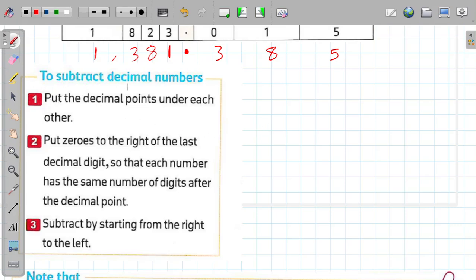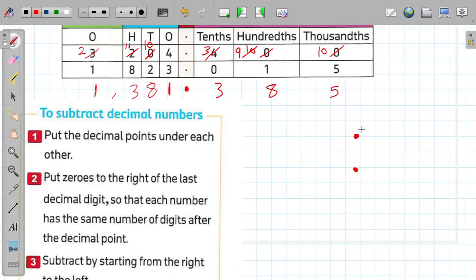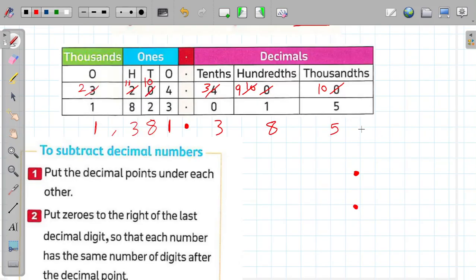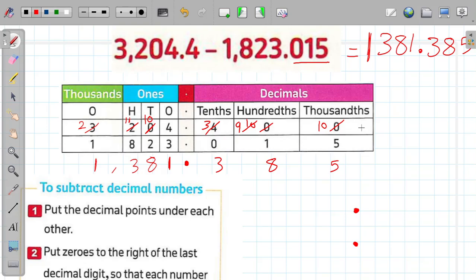So if I want to subtract decimal numbers with the vertical method, first I will put the decimal point under each other. So I have here the first number, I will have the decimal point, and I have the second number with decimal point. Next, I will put the digits under each other. So I have here 4 ones, 0 tenths, 2 hundredths, and 3 thousandths.